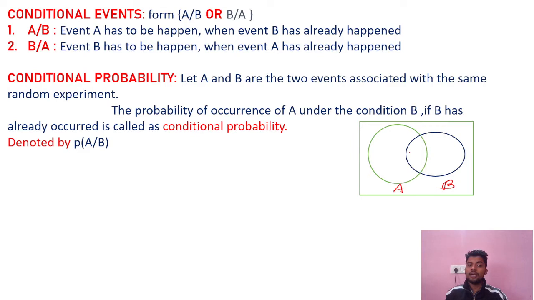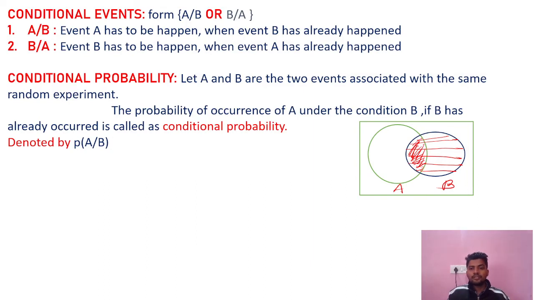That is P(A upon B). First we have to know that event B has already occurred, and under that A has to happen. So event B has already occurred means you have to color B. So B is colored because event B has already occurred. Now, under B, what A has to occur under B. So this is the only reason: under B, the part of A has to occur.